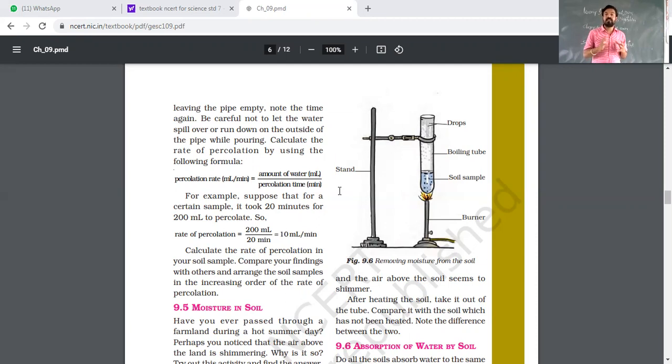Because once they do the watering, the soil has moisture holding capacity. Understand? Because once the water percolates, the soil absorbs this water.